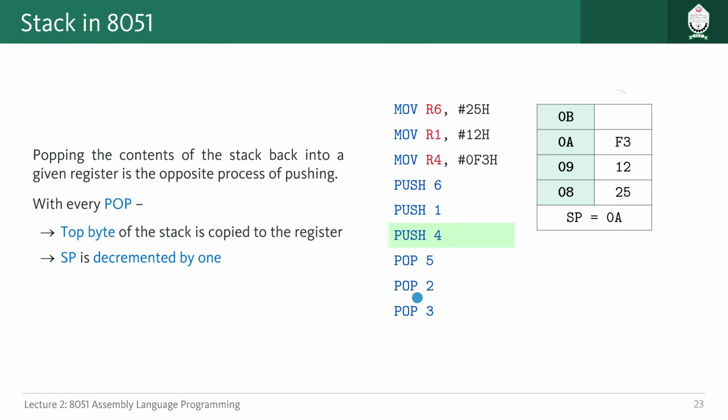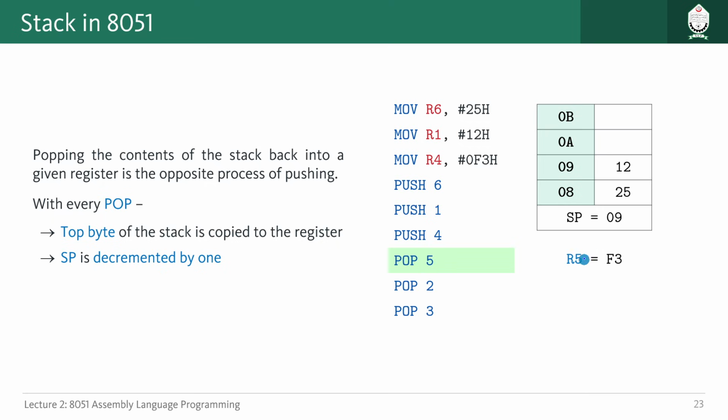So let us try to execute those. Pop 5 should fetch this F3 data and store it onto the R5 register. Let's see. You see this value has vanished, and it is saved onto R5.